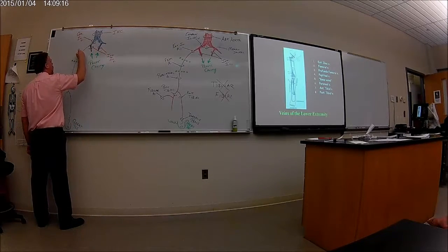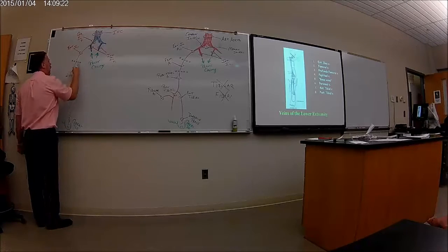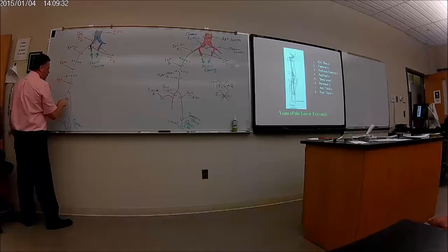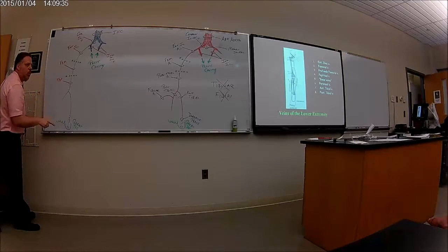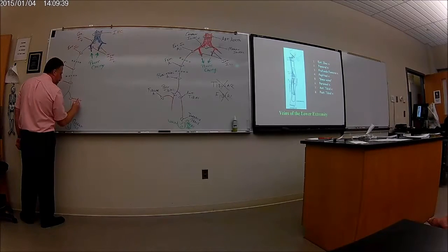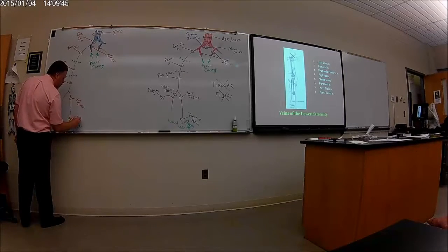What do you think this is? External. Yeah, this is pretty easy now. External iliac. Changes its name to what? Femoral. Changes its name to what? Popliteal. And then you have one that comes out of the board. That's going to be our anterior tibial. That leads to our dorsalis pedis.